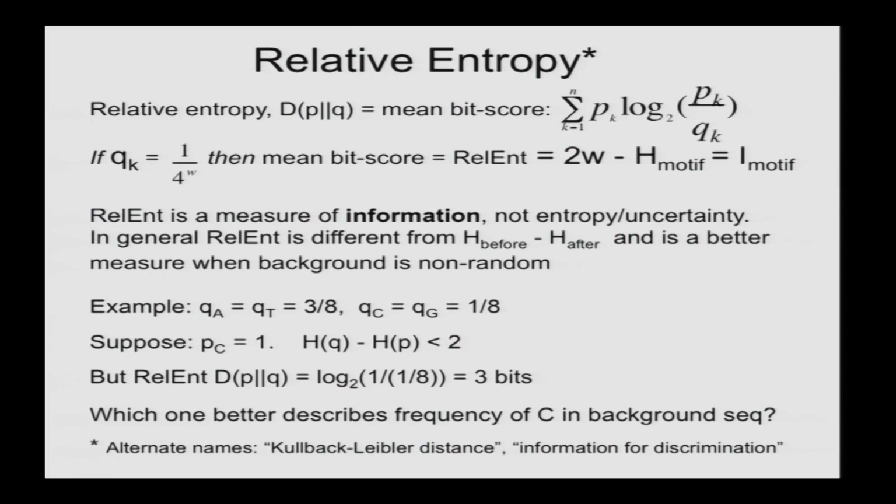And I asked you to show that under the special case where QK is 1 over 4 to the W, that is uniform background, the relative entropy of the motif ends up being simply 2W minus H.